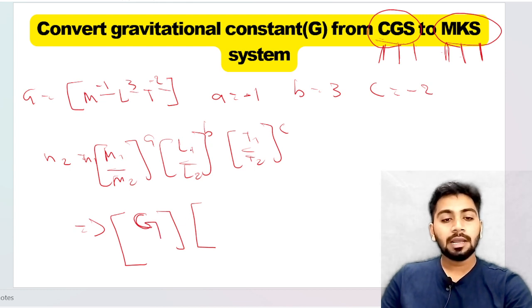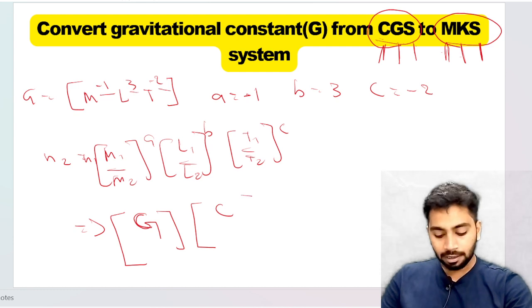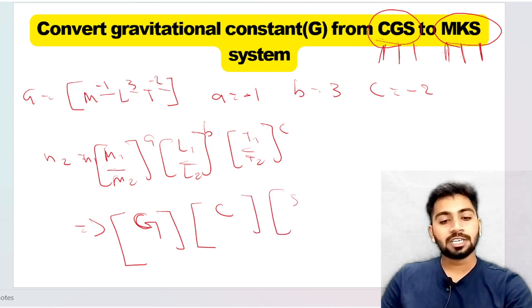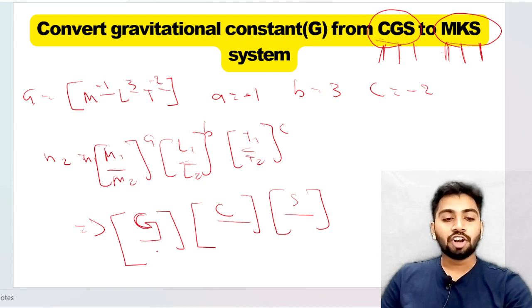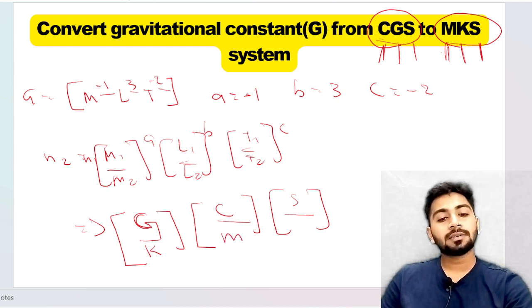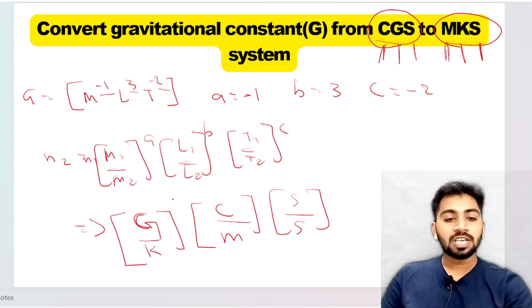And time is measured in seconds only. CGS over. Now the denominator, MKS. Mass is measured in kg, length in meters, time in seconds.